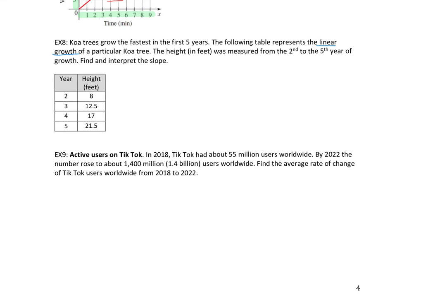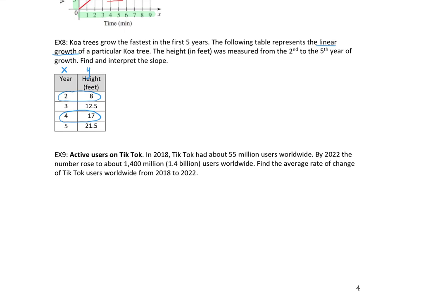So if I were to find the slope, I could pick any 2 points, and I should get the same value. So why don't I pick the nice ones? I'll pick (2, 8) and (4, 17), because they don't have decimals in them. And here my x value will represent the year, and my y value represents the height. So what we're trying to find is the rate that the tree grows per year. So the growth is going to go on top, and that would be the height in feet.